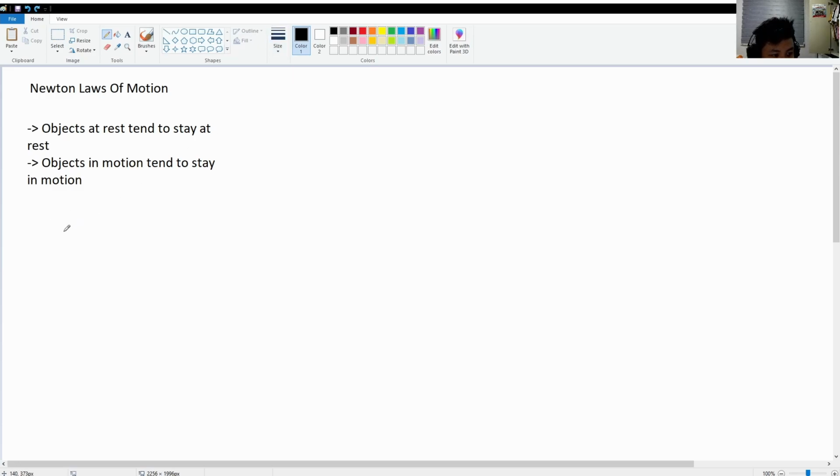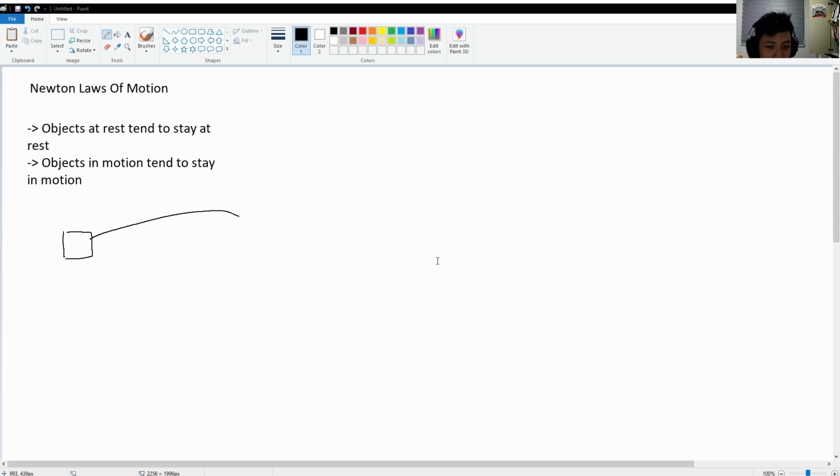For example, I throw the object, so it's in motion and it's tending to stay in motion. In fact, when we are holding it, it was at rest, and then it started to move, it started to accelerate, but acceleration is in Newton's second law, which we're going to go over later.